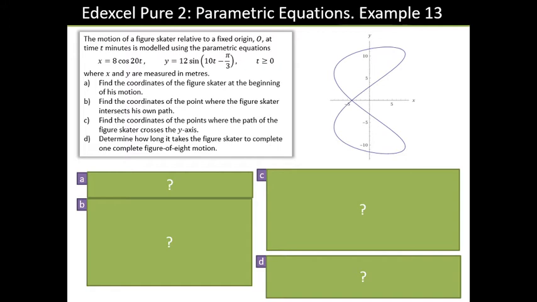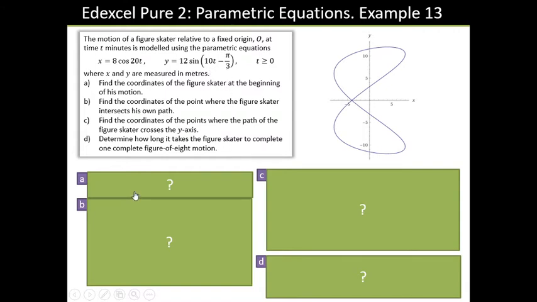And what you hopefully have done is you thought, well, at the beginning of his motion, the time must be equal to 0 minutes, so I'm going to substitute t equals 0 into x equals 8 cos 20t, and t equals 0 into y equals 12 sin(10t minus pi over 3).